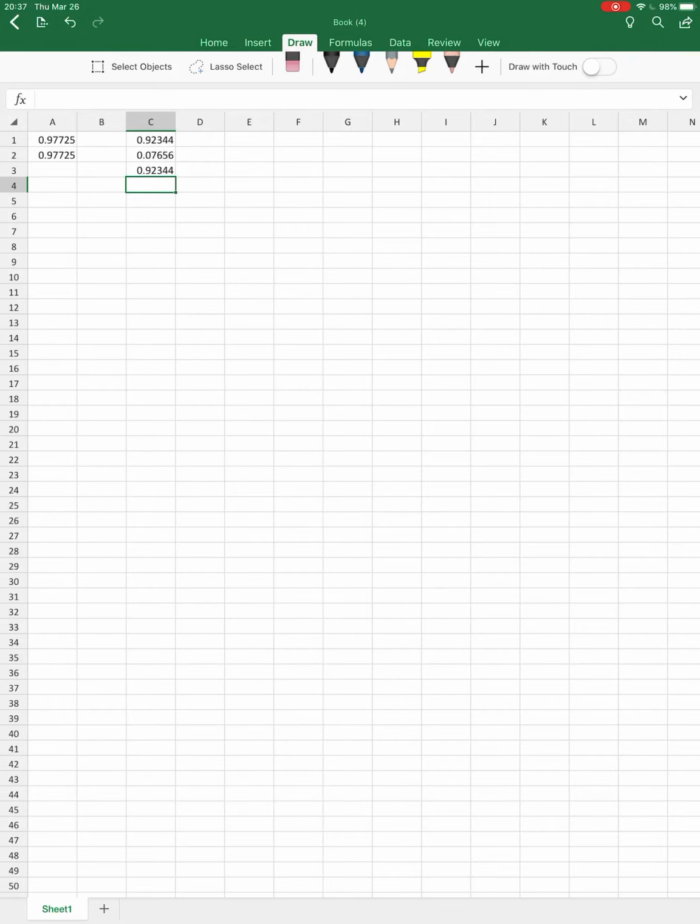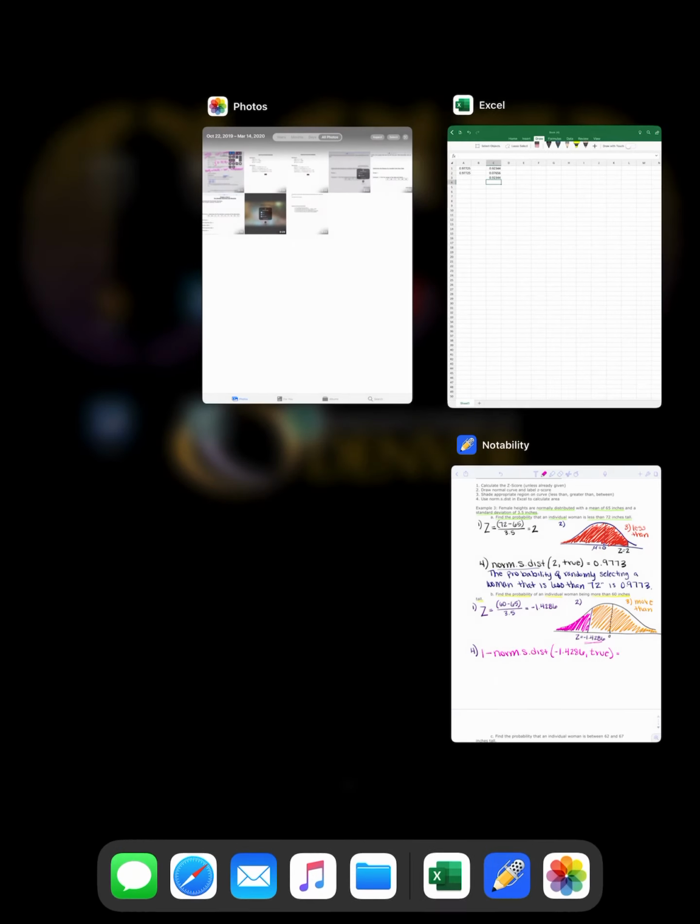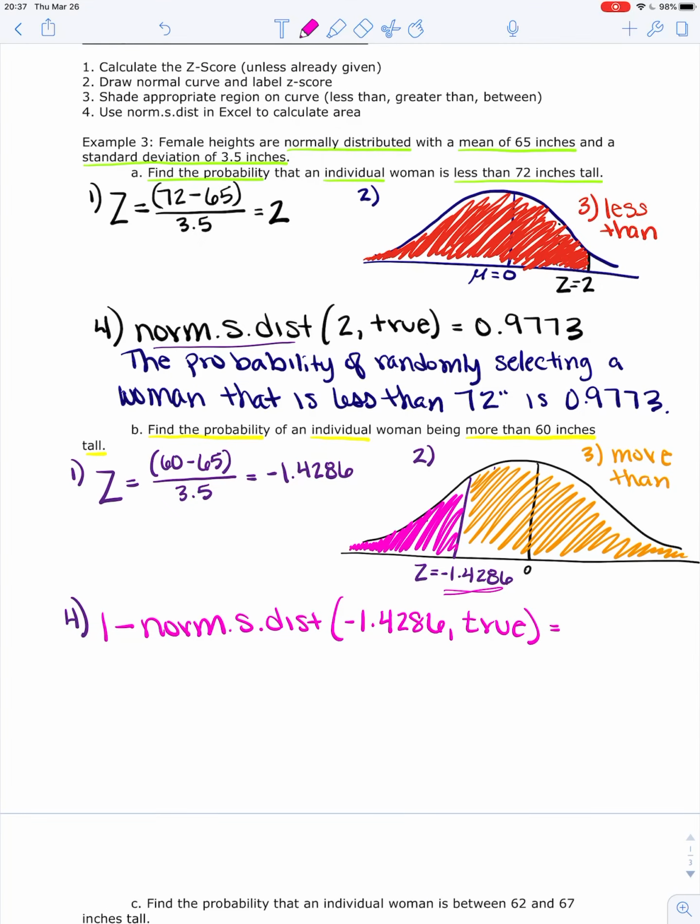It's the same value. So you can do the 1 minus at the end if maybe you forgot to do the 1 minus when you first went into Excel, or you didn't immediately recognize that you were going to have to use the complement rule. That's okay.